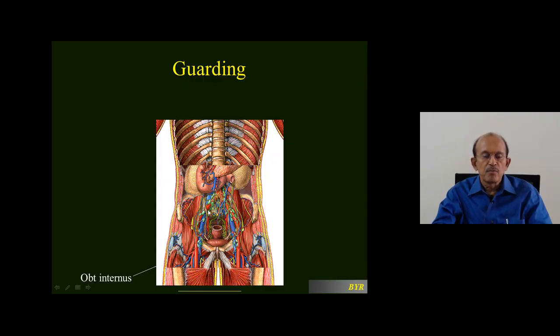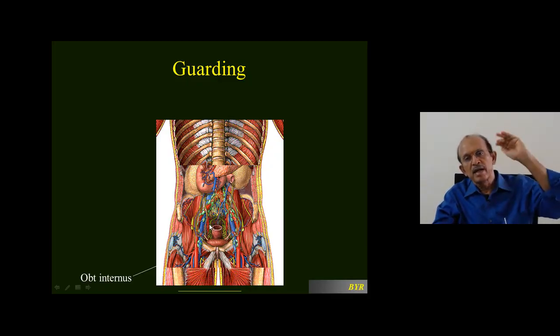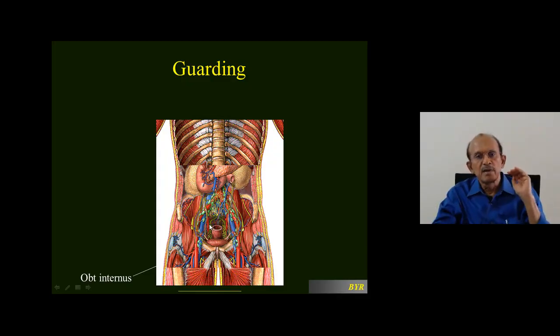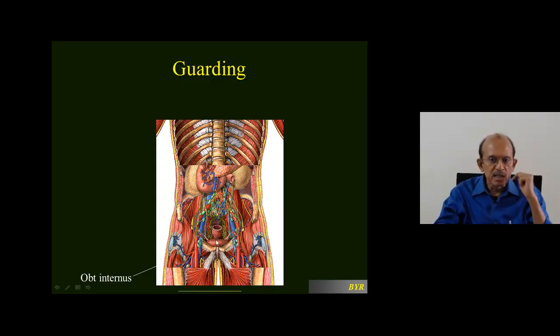Now if the appendix is in the retrocecal position and inflamed, in front is the cecum. So the anterior abdominal wall is not irritated first. What will be irritated? It is retrocecal, behind the cecum. So what structures are there behind the cecum?